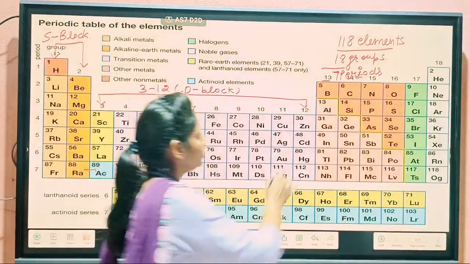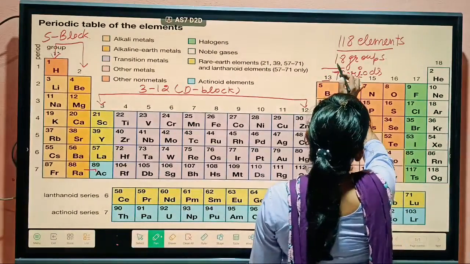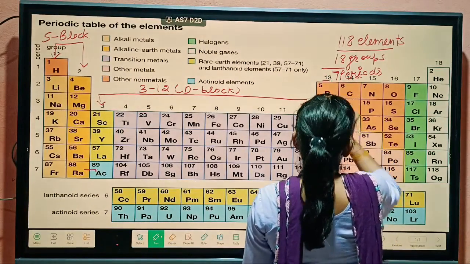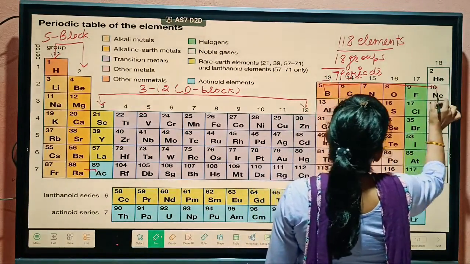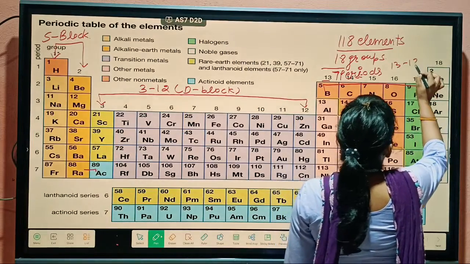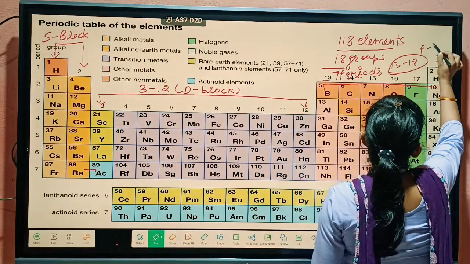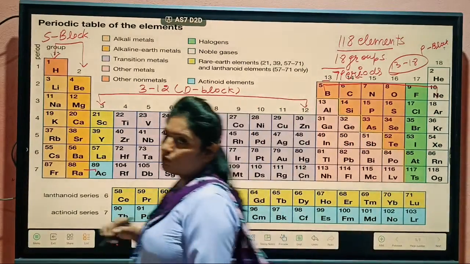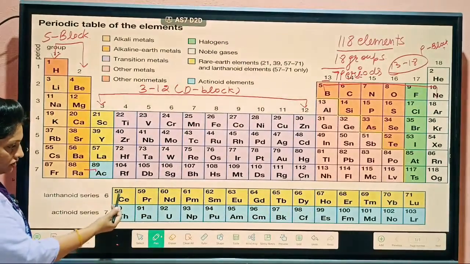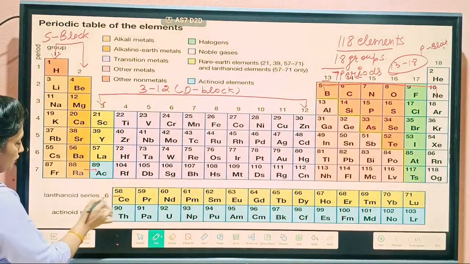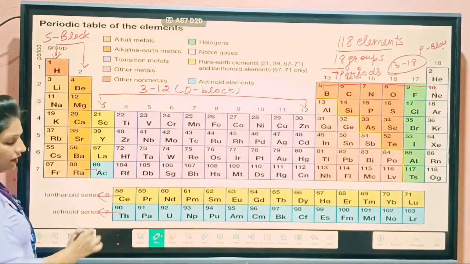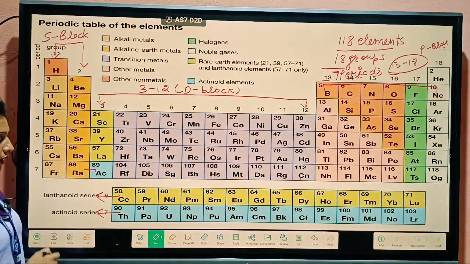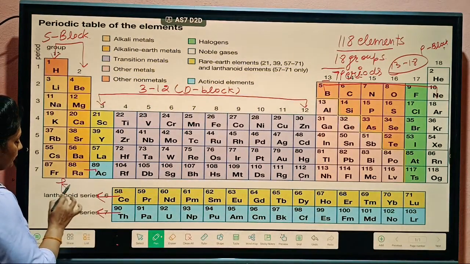And group number 13 to 18 is known as the P block. And students, these two series, the lanthanoid series and actinoid series, combinedly are known as the F block.